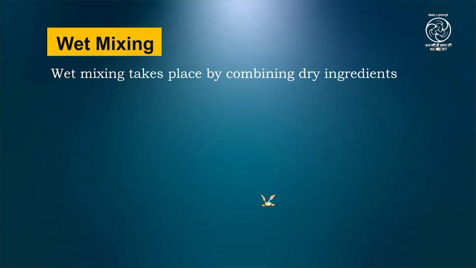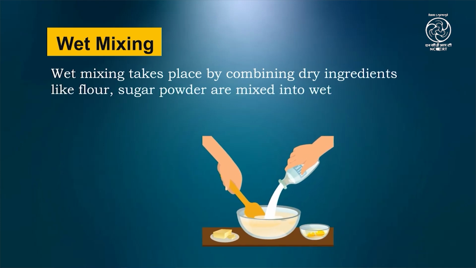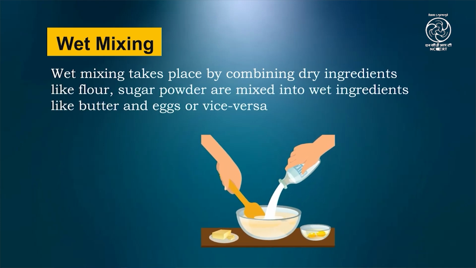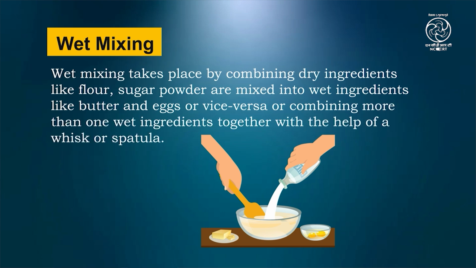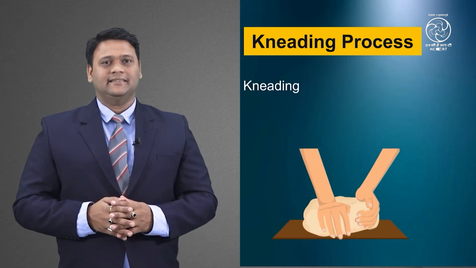Wet mixing. Wet mixing takes place by combining dry ingredients like flour, sugar powder into wet ingredients like butter and eggs, or vice versa, or combining more than one wet ingredient together with the help of a whisk or spatula.